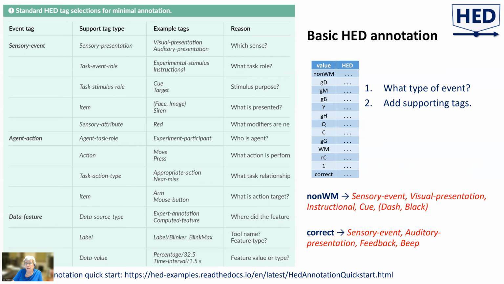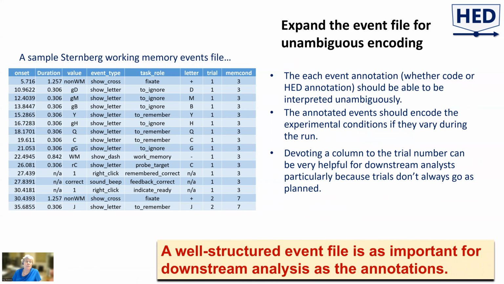So finally, I'd like to talk a little bit about the structure of the event files itself. Here on the left is a picture of a sample of the events file for the Sternberg working memory experiment that we actually distributed. And we've expanded and replaced the value column with a combination of an event type column and a task role column.